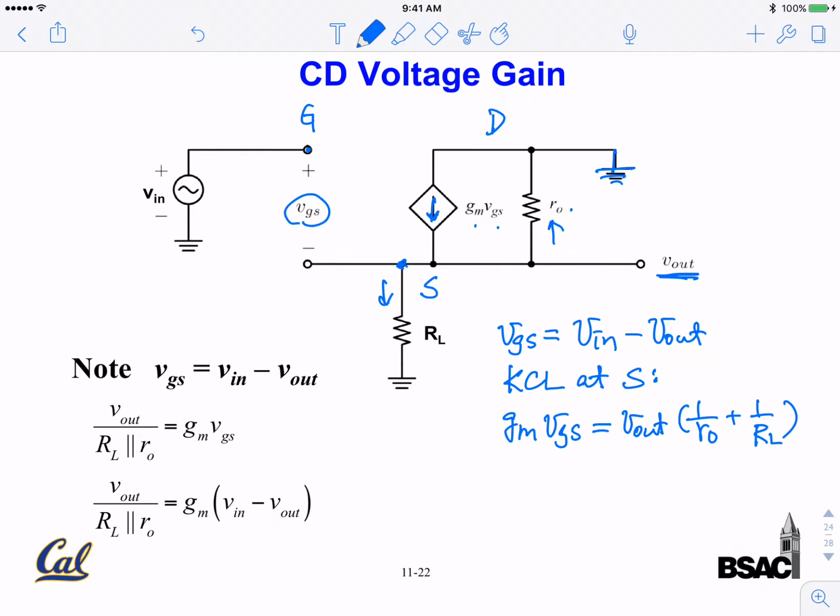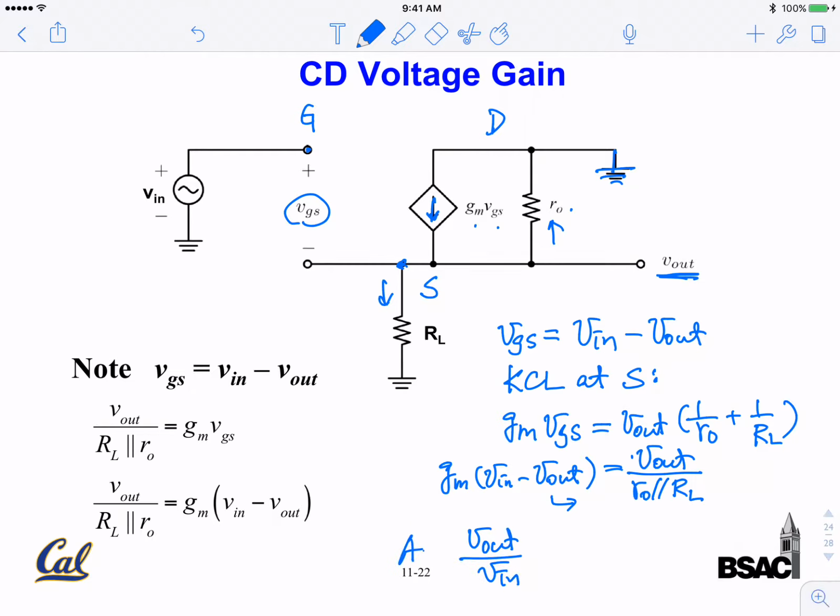You substitute this VGS in, so gm times (Vin minus Vout) equals Vout divided by RO in parallel with RL. You move Vout over to the other side, and you will have Vout divided by Vin.